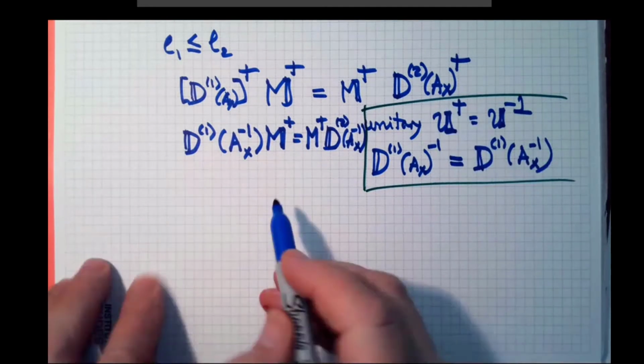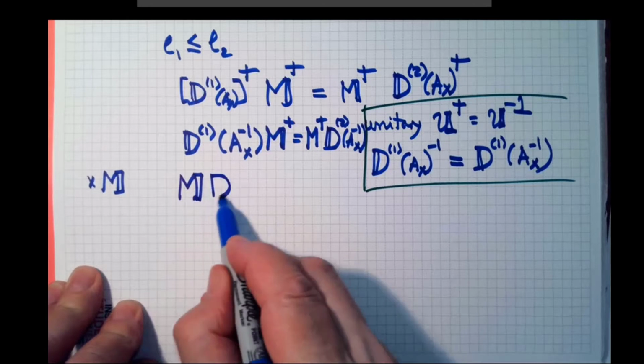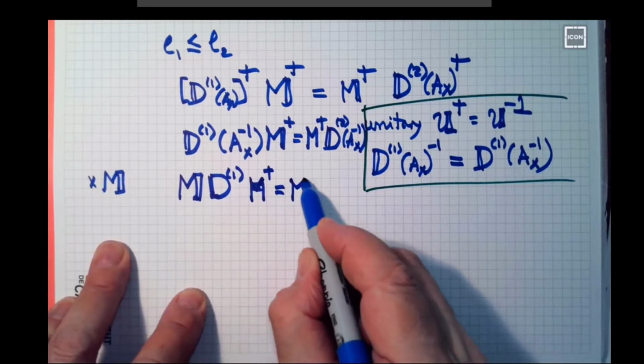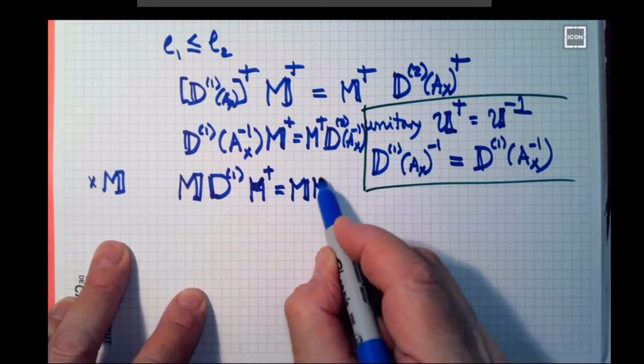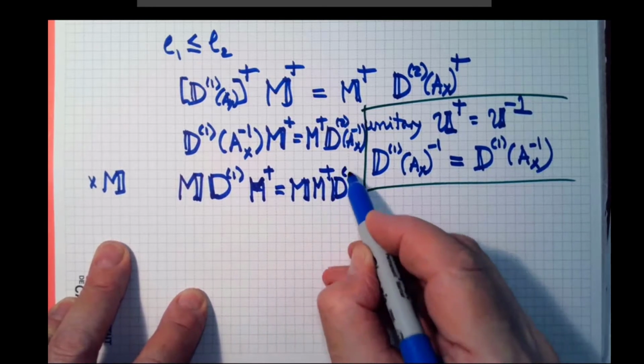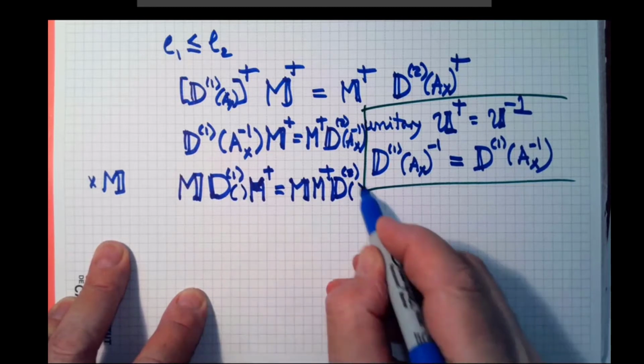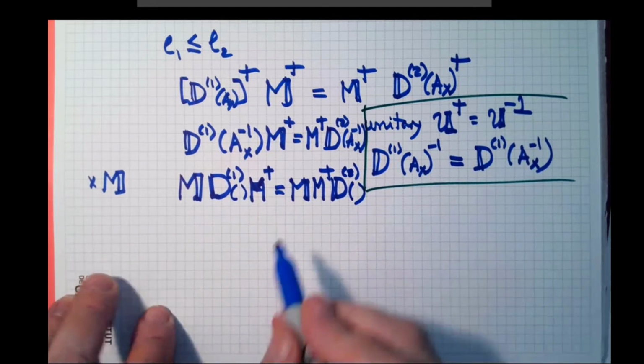We multiply by M on the left, M, D times M, M Hermitian conjugate, D, to this same group element, the inverse one.